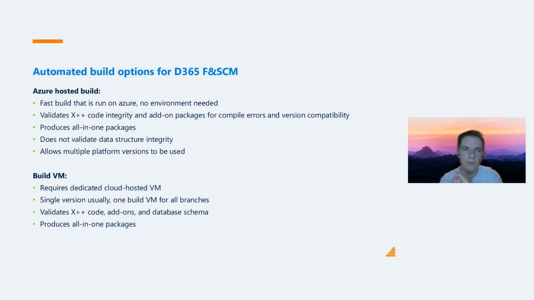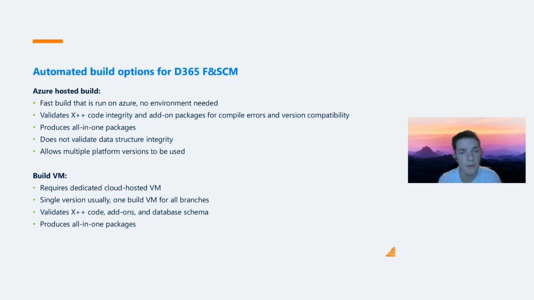So, second topic: how to achieve automated build options for Dynamics 365. There are two options to build code with Dynamics 365. First of all, there's Azure hosted build, and there's also build virtual machines. Some pros and cons of each of those. Azure hosted build has fast build. It runs in Azure. You don't need a dedicated environment.